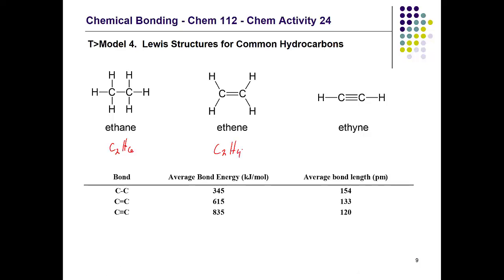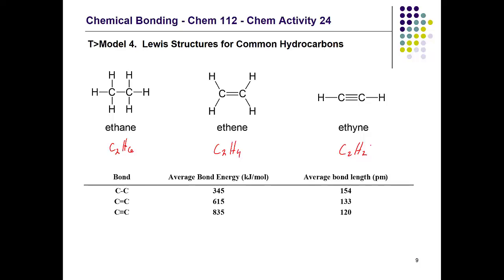So the fact that we've reduced the number of hydrogens tells us that we can't have just single bonds in the structure. And if you don't have those 6 hydrogens, then there must be something else going on there. And then finally, we've got C2H2. So for 2 carbons, only 2 hydrogens implies that indeed there must be some extra bonds. In other words, a triple bond in this case.